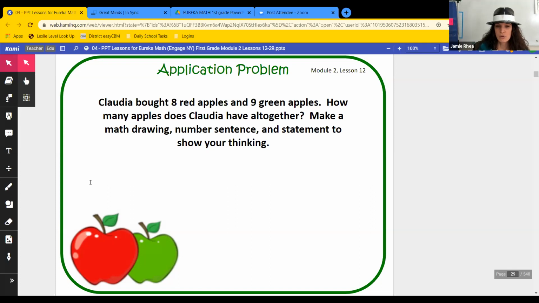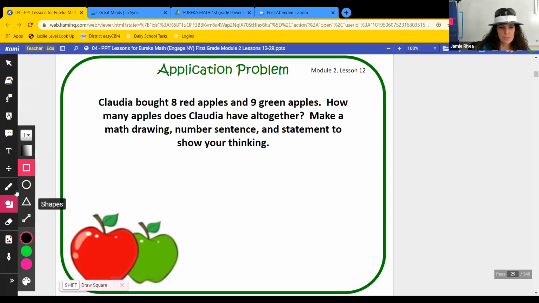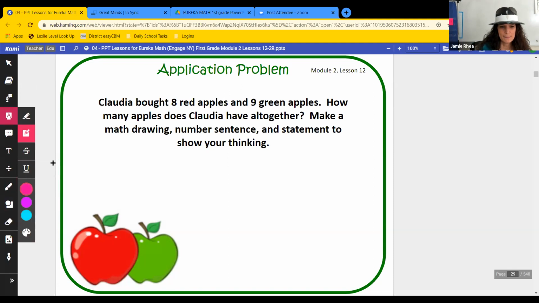Okay, so I need a math drawing, a number sentence, and a statement. Now I've got to go back and look for clues. So let's look for some clues. And I'm going to click on my shapes here because I need shapes to make my drawing. Claudia bought red apples. You know what? I'm going to highlight that because there is my clue.